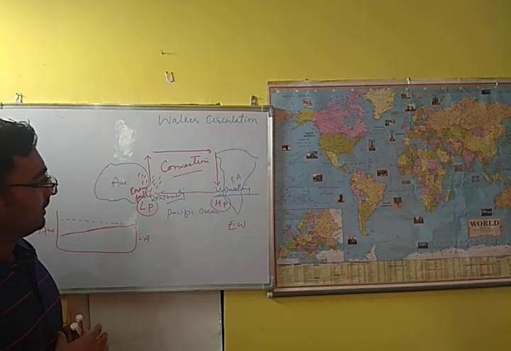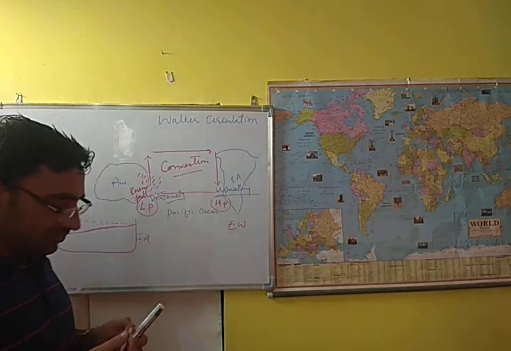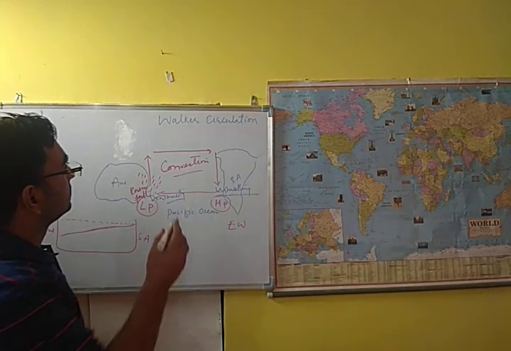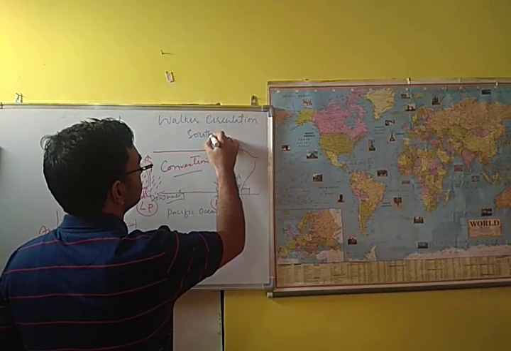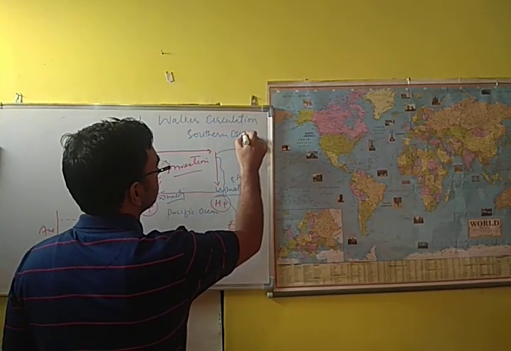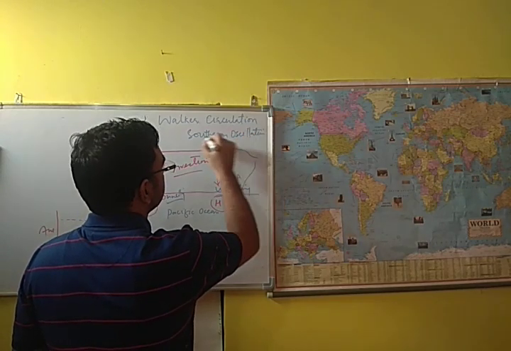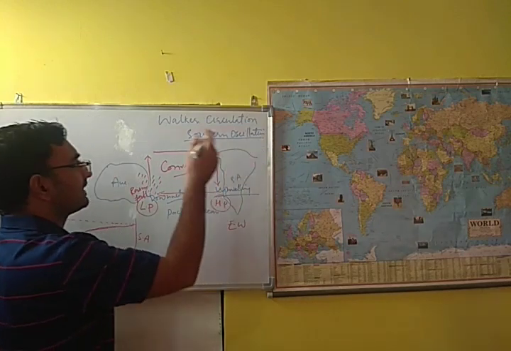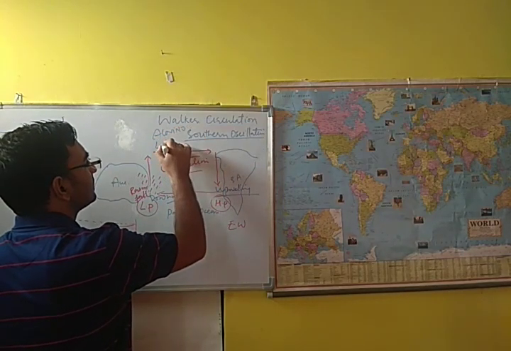Now what is El Nino and what is La Nina? El Nino is part of the Southern Oscillation. And the second thing is La Nina.